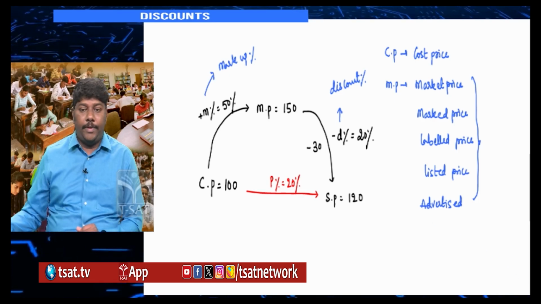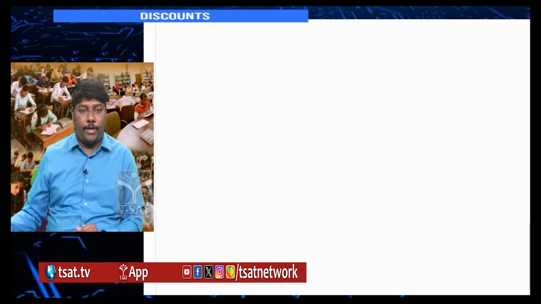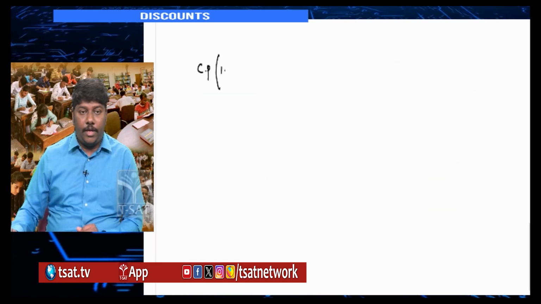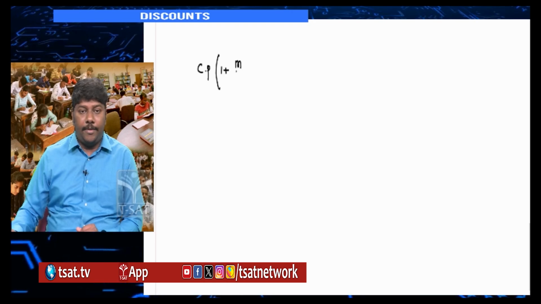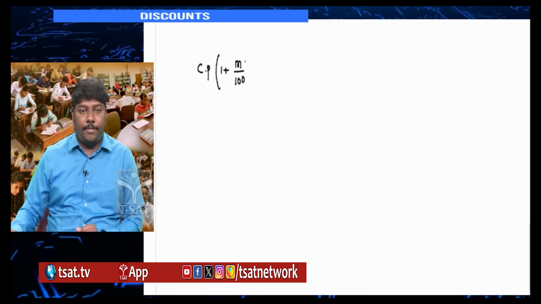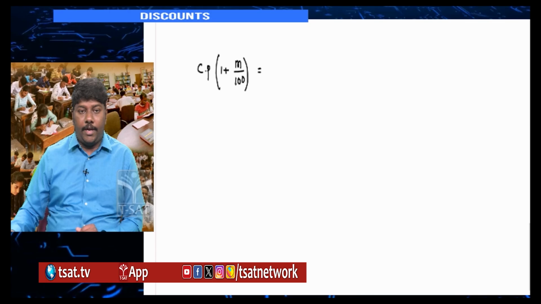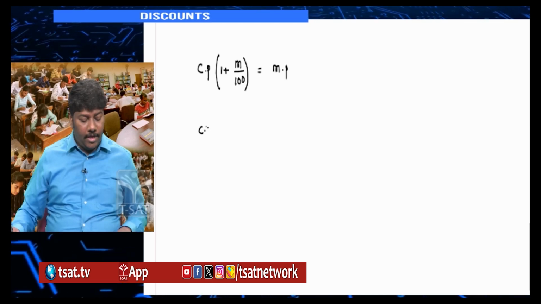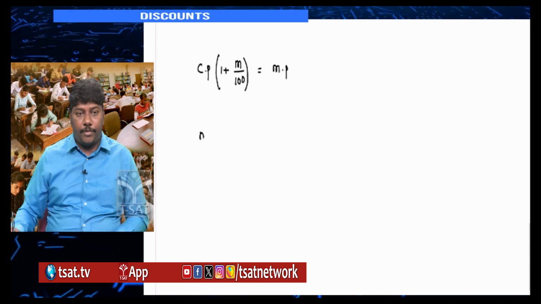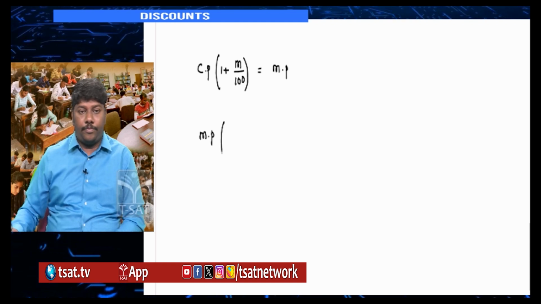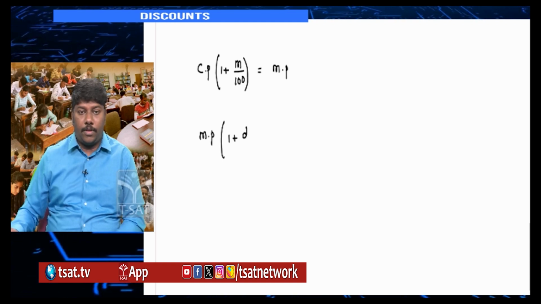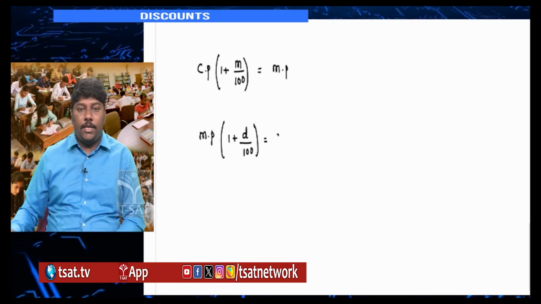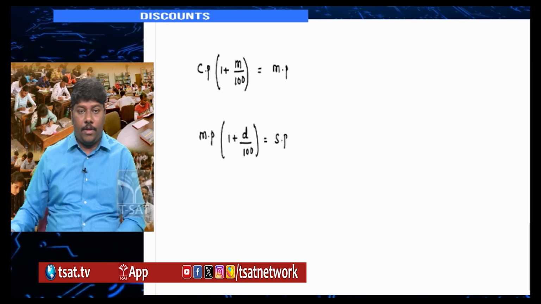Now see here, based on that cycle, this cycle is very important. CP, if you increase it by M percentage, increasing a number by M percentage is nothing but multiplying it by 1 plus M by 100, you will get MP. MP, if I decrease it by D percentage, multiply by 1 minus D by 100, you will get SP.